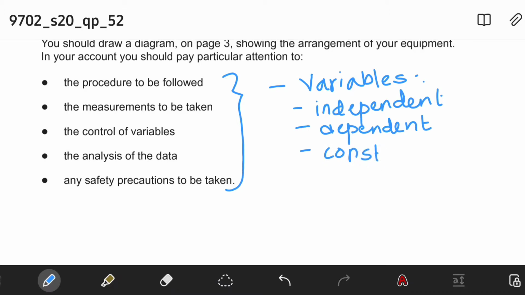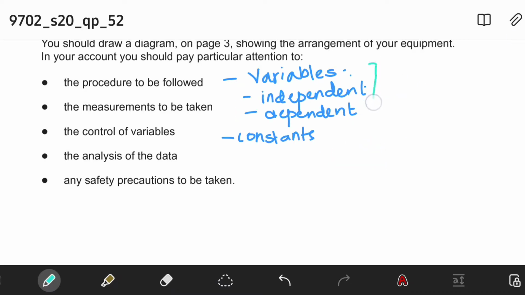So this is not part of the variables. Constants. Now these come under the heading of defining the problem, or you can say the experiment. So always start your questions by answering this.